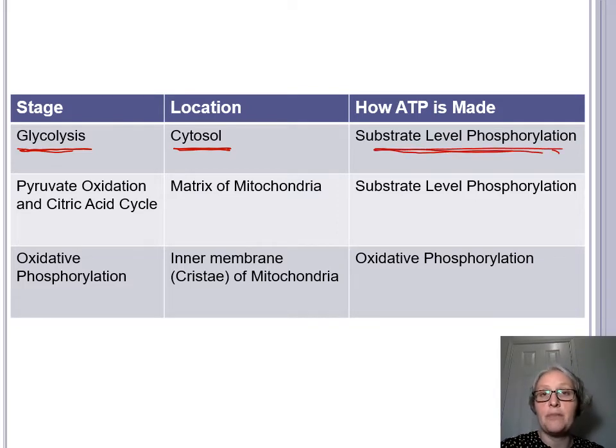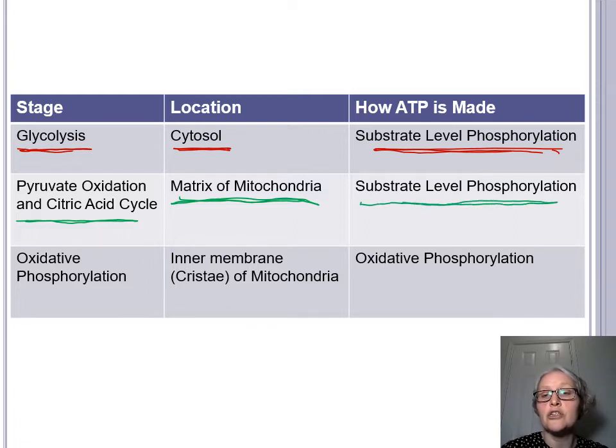The second step, pyruvate oxidation and the citric acid cycle, does require a specialized location. This is going to take place in the innermost part of the mitochondria, or the matrix of the mitochondria. So step 2 takes place in the matrix of the mitochondria. This also generates a little bit of ATP through that same process of substrate level phosphorylation.